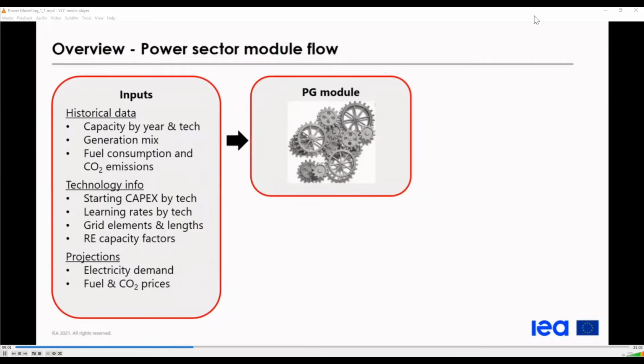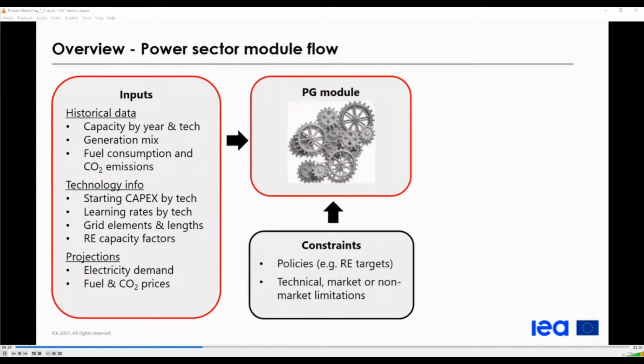On top of that, some elements are linked to projections from other modules. So, as mentioned earlier, we need electricity demand from the demand module. On top of that, fuel prices that would come from the supply module, and CO2 prices in regions that have applied these kinds of policies. Talking about policies, we have constraints also.